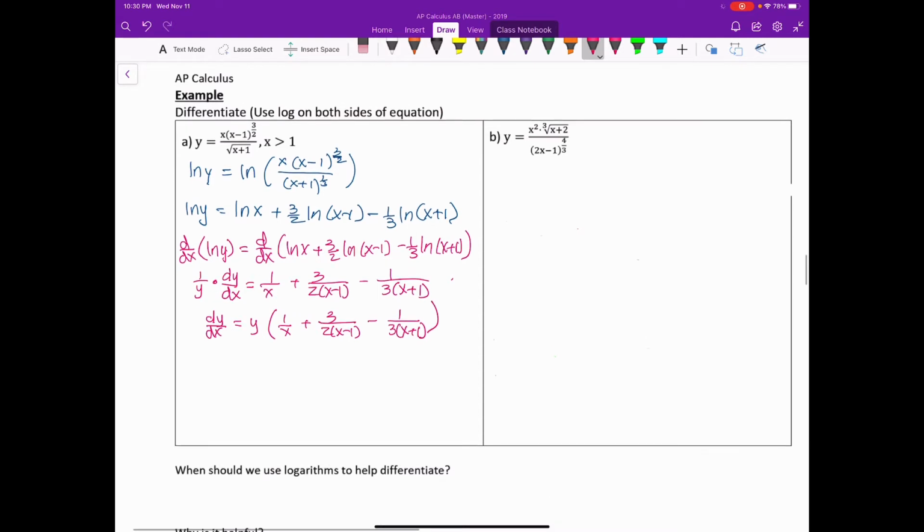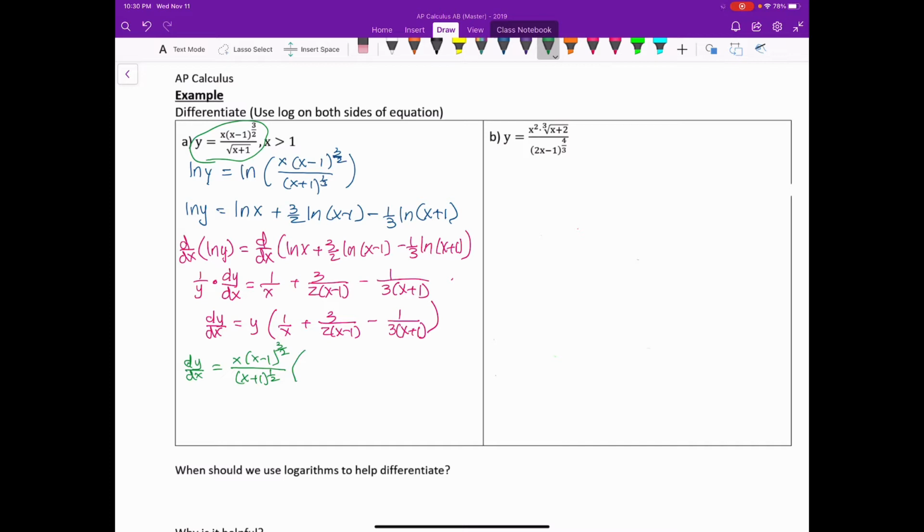And then I want everything most likely in terms of x, so I'm just going to switch colors. y is defined up here, so I'm going to rewrite y in here. It's going to be x times x minus 1 to the 3/2 over x plus 1 to the 1/3.